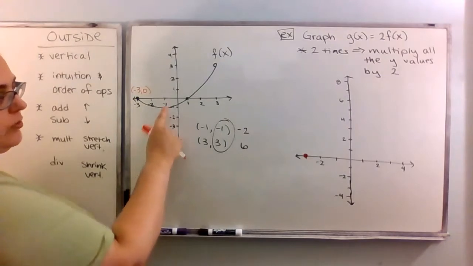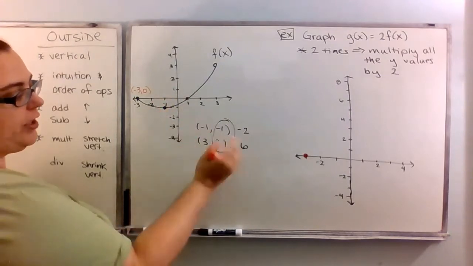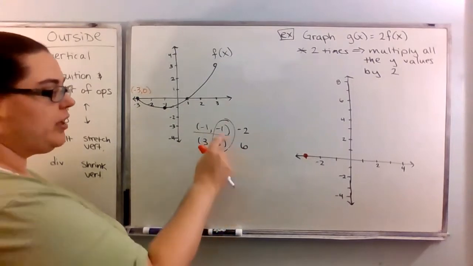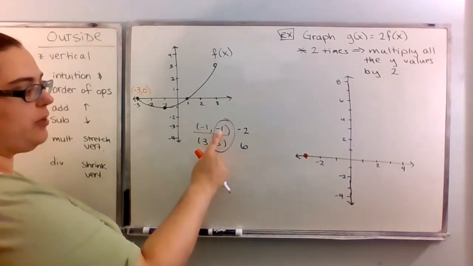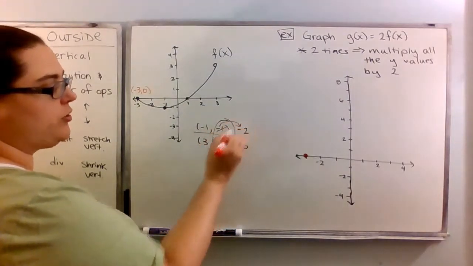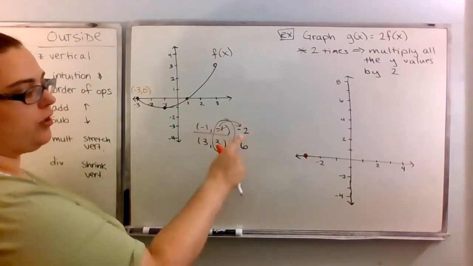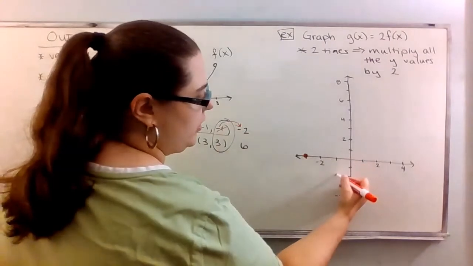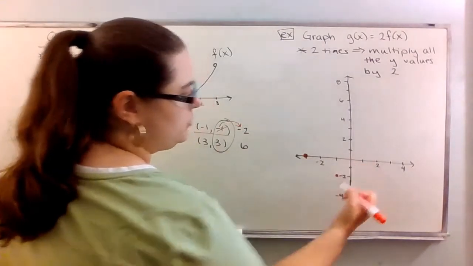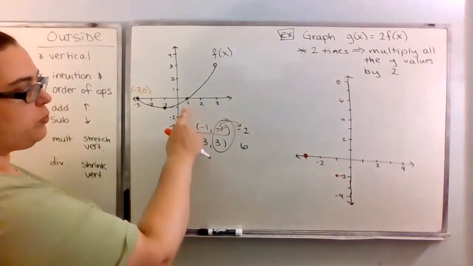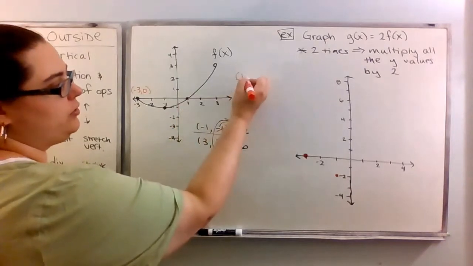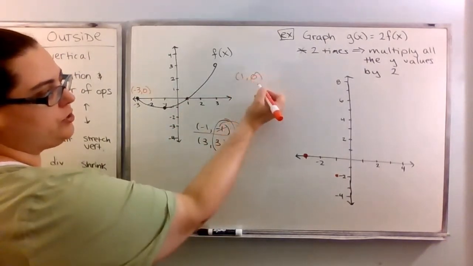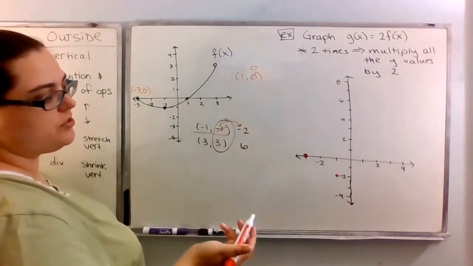The second point was at -1, -1, which we were looking at here. When we get the transformation to happen, that means the y value gets multiplied by 2. So it's now going to be the point -1, -2. So I plot the point -1, -2. This point here was at 1, 0. So if I double the y value, 2 times 0, well, that's still 0.